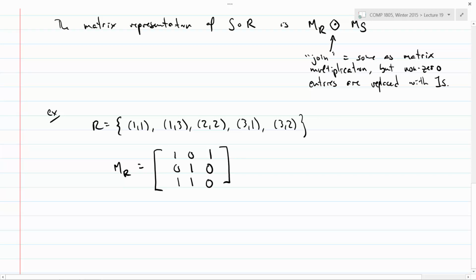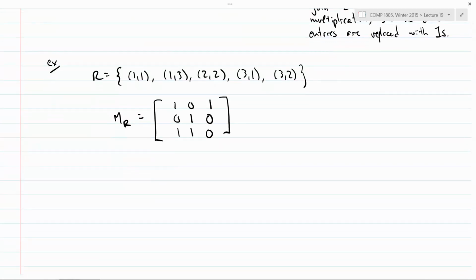I have everything except 3, 3. So this is my matrix representation. And my claim is that I can do these compositions by doing joins with matrices. So the matrix representation of R squared, according to this, should be the matrix representation of R joined with the matrix representation of R.